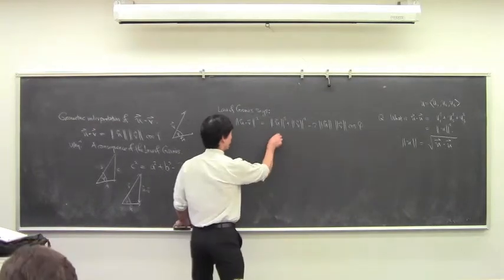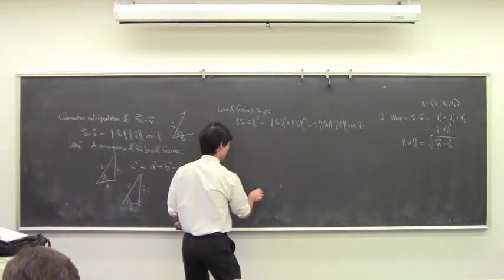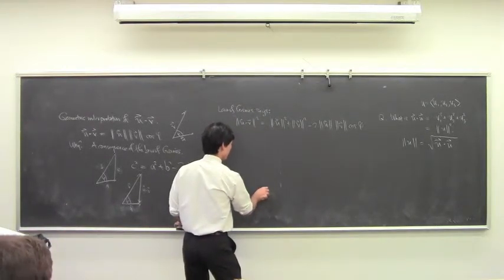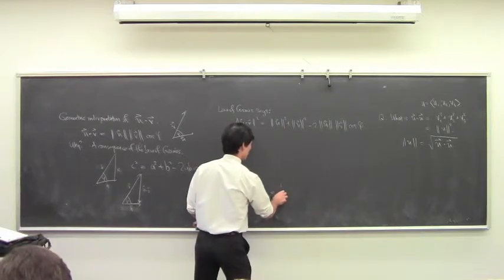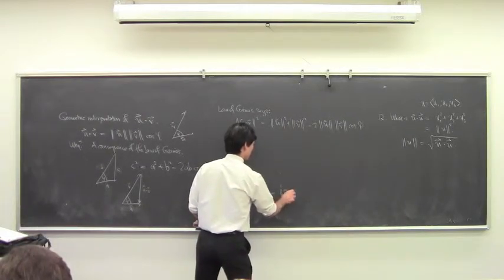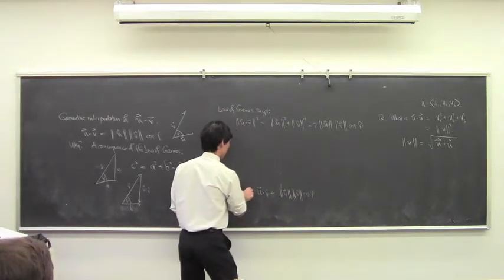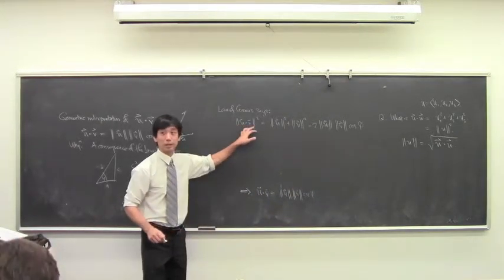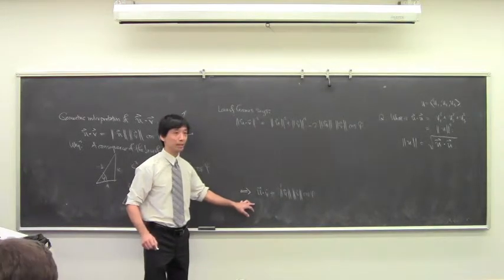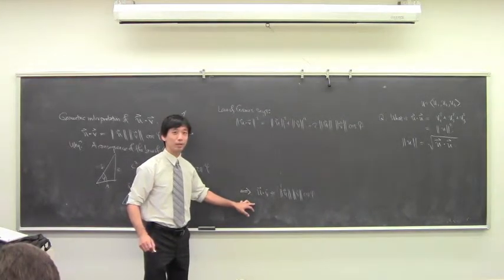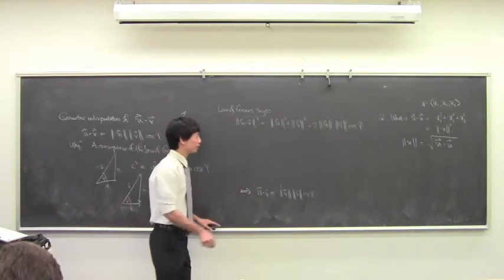And somehow from that, we're going to say that the dot product of U against V equals something at the end. Somehow this thing is going to imply that thing. So from here to here.